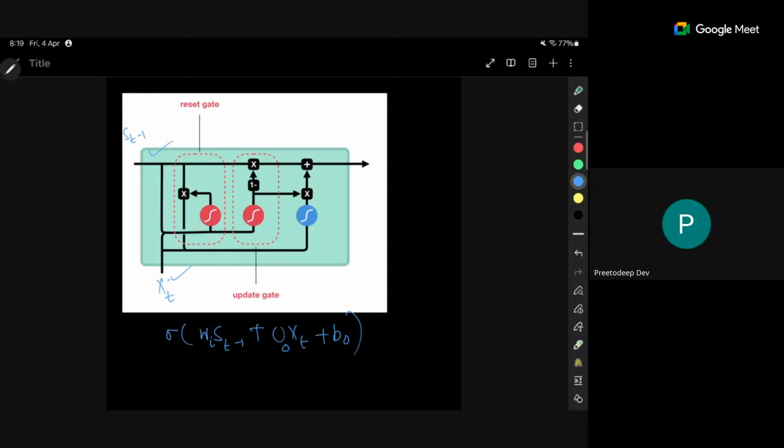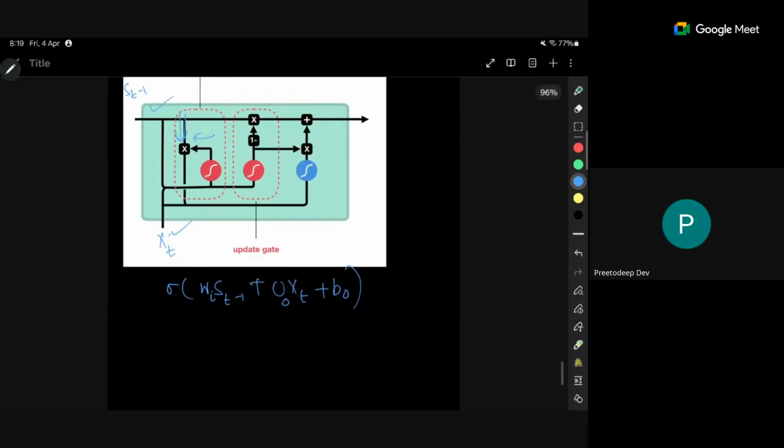This part is correct, but the other part is not that way, but this way. So whatever this is, O t, I'll do O t multiplied with s t minus one. This will produce O t and s t minus one, and of course x t is also going here. Both of them will go here, x t and O t multiplied by s t minus one.